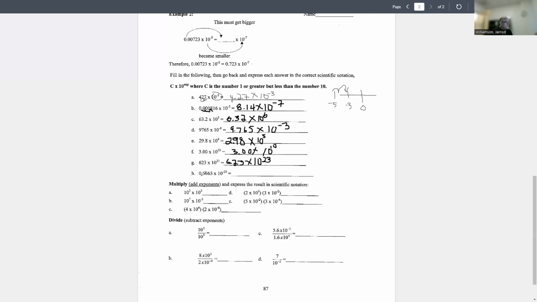I need to make this 2 powers of 10 bigger. 6.63 times 10. And if I made this 2 powers of 10 bigger, I need to make this 2 powers of 10 smaller. That means more negative. So it's 10 to the negative 27.